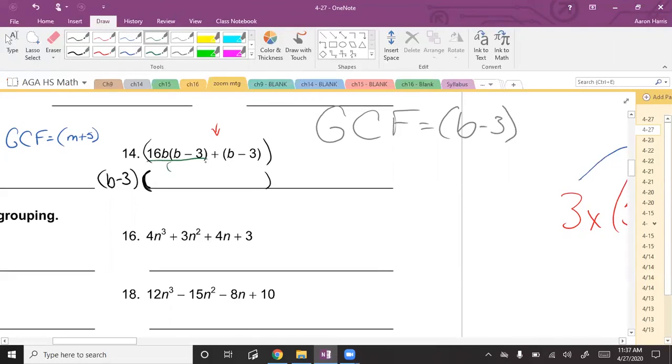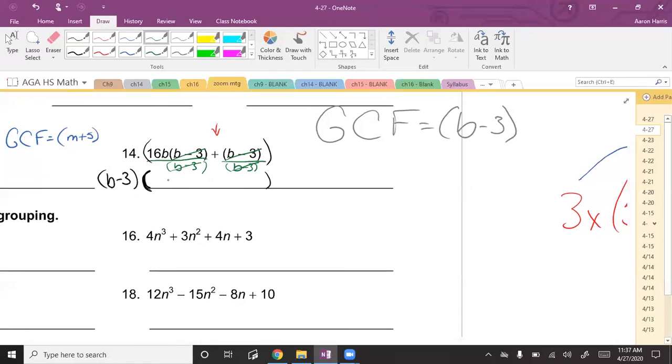What's the opposite? The opposite of multiplying is to divide, right? So I get B minus 3, and I divide each term by that. So what happens to the B minus 3? It cancels out. So what's left?